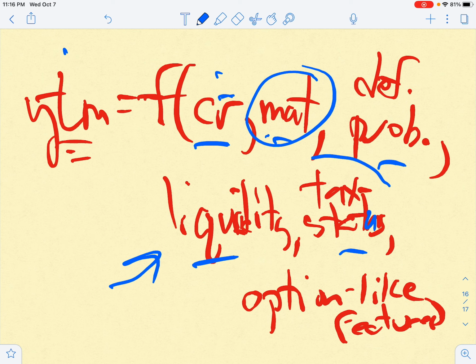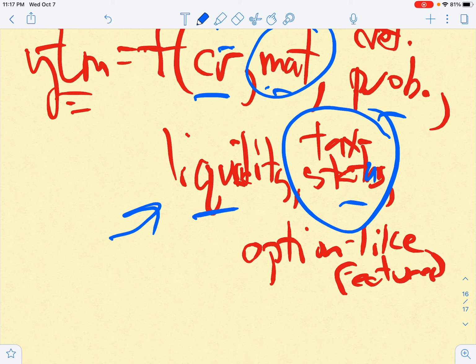What about tax status? Well, some bonds are not taxable at both the federal and state levels. For example, a California resident buying a bond issued by the state of California would be, generally speaking, buying a tax-free bond, okay? But that's very interesting.